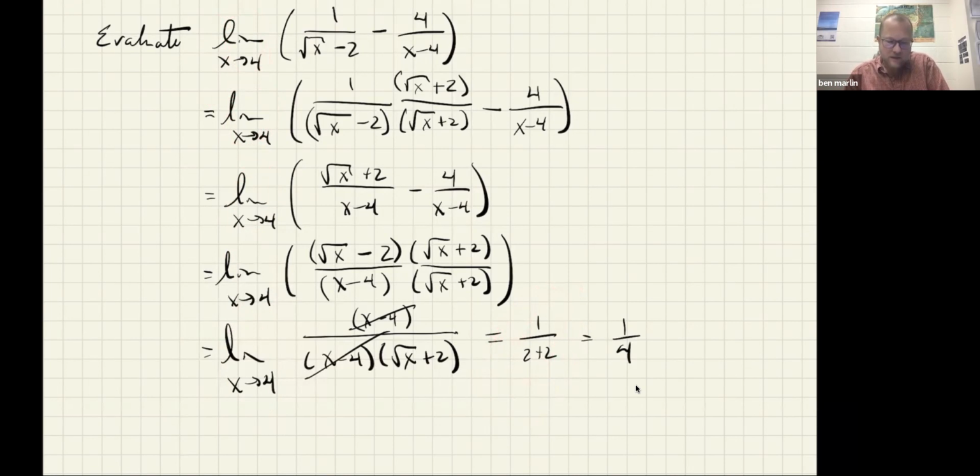Other stuff is that I did not multiply this denominator out, but I did multiply this one out. It is a little bit tricky to spot when you need to do stuff and when you don't. It mostly comes from doing lots and lots of practice.